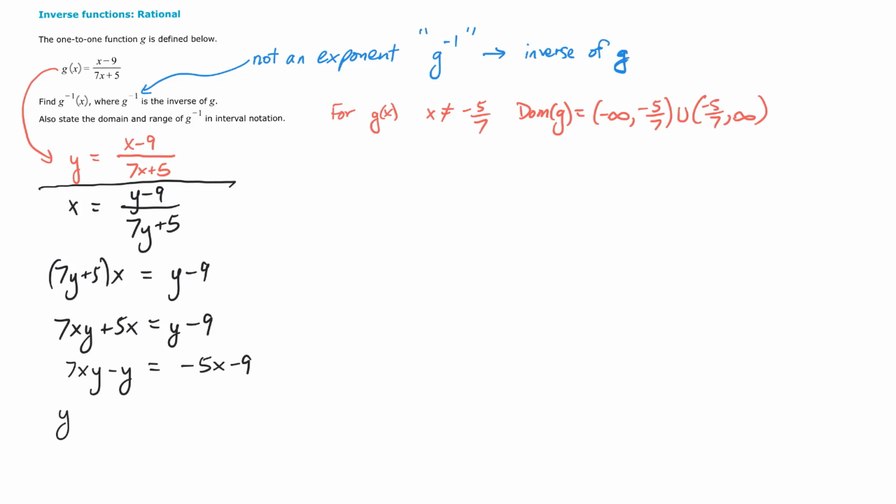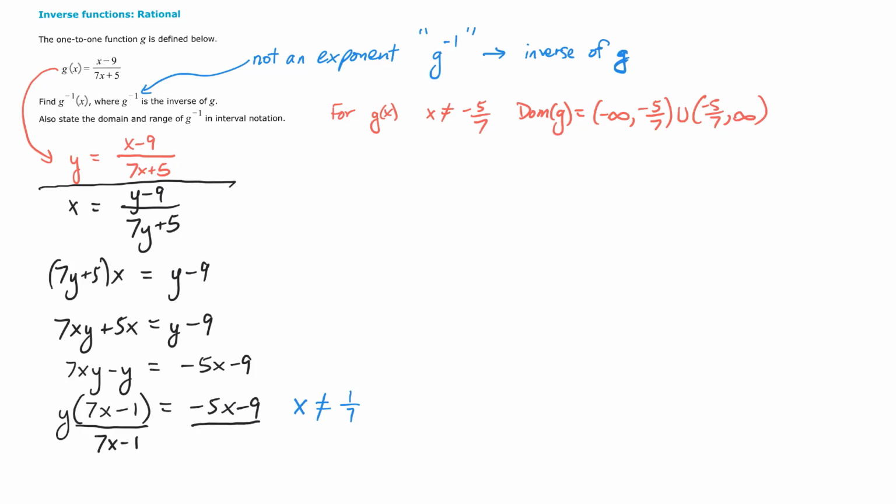Factor out a y on the left-hand side of the equation. We get y times (7x minus 1) is equal to negative 5x minus 9. Right here is a crucial step. We're going to mention that x here cannot equal 1/7. As soon as we say that, now we could actually divide both sides by 7x minus 1.